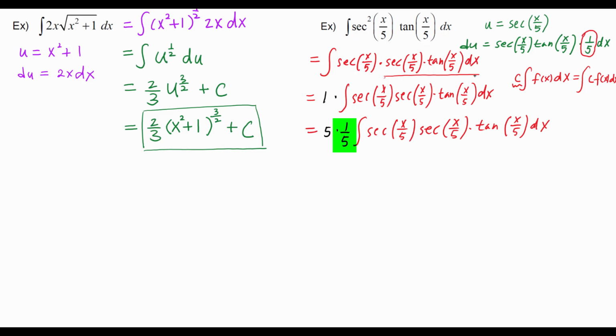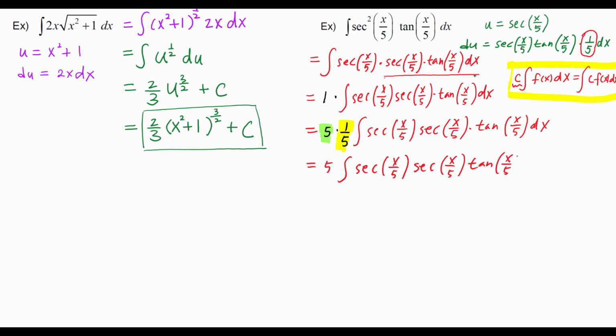Then this 1 over 5 in the front, I'm gonna put inside using this rule right here, and this 5, I'm just gonna leave outside. So now I have 5 times the integral of secant x over 5, secant x over 5, tangent x over 5 times 1/5 dx. So I did a little bit of algebraic manipulation to get what I needed to integrate.